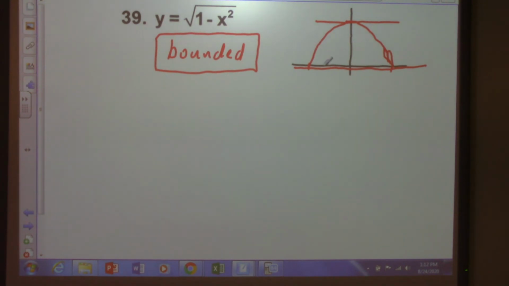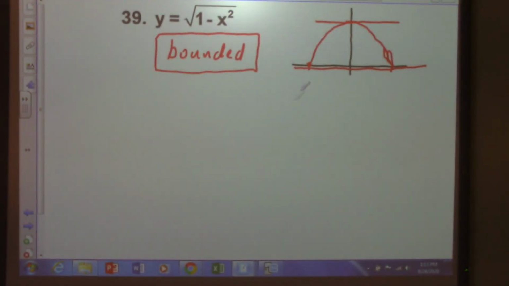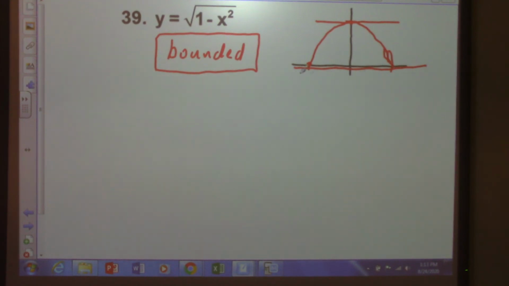Anyway, bounded below. And this is the equation of a semicircle. Basically, it's the square root of radius squared minus x squared. So that's what it is, just a semicircle.